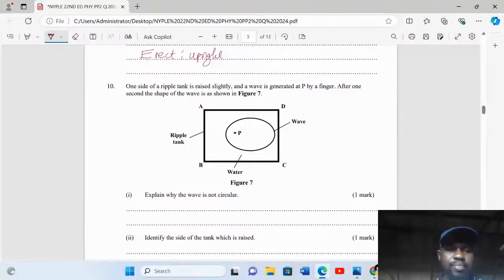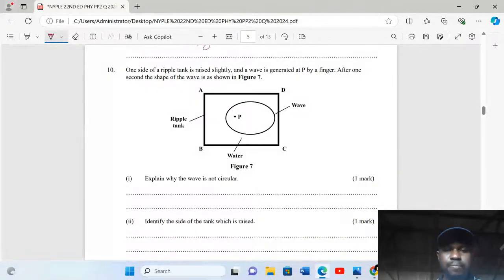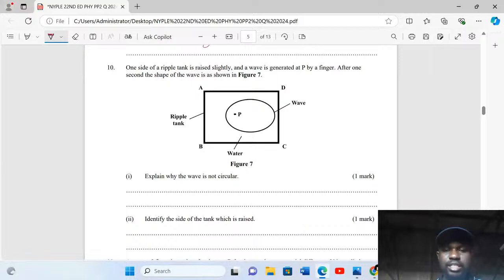Question 10 reads that one side of a ripple tank is raised and a wave is generated at P by a finger. After 1 second, the shape of the wave is as shown.